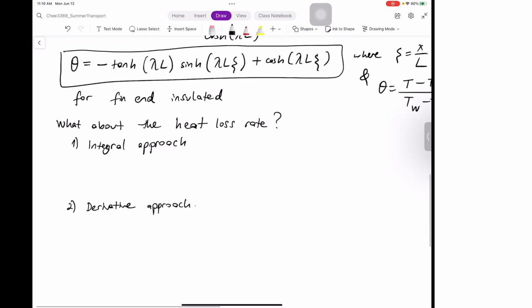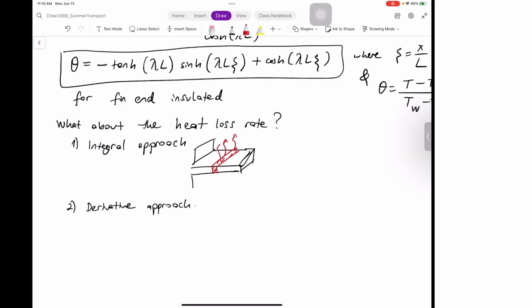Okay. In the integral approach, you basically try to find out the heat loss summed over all the cross sections. So you can still think about this shell, right? And you can calculate how much heat is being lost, dissipated to the environment at each step, and you can actually take an integral and sum over all those shells, right?